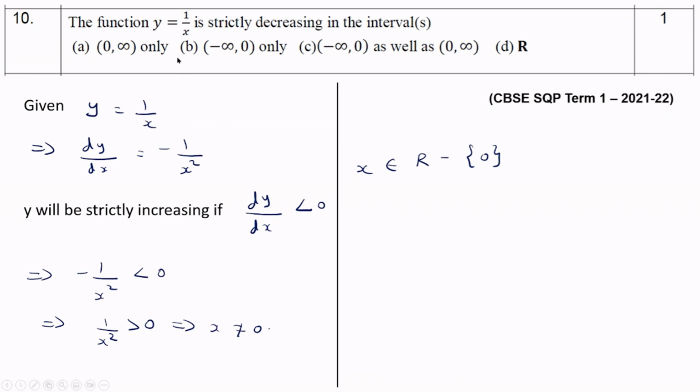Therefore, this function 1 by x is strictly decreasing in the open interval minus infinity comma 0 as well as the open interval 0 comma infinity. So it is strictly decreasing in the entire number line except the point 0. So the correct option is option C.